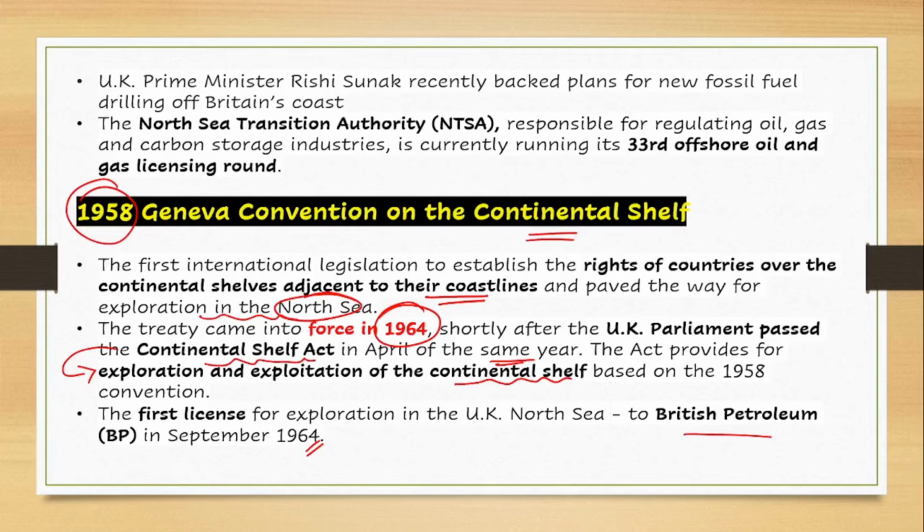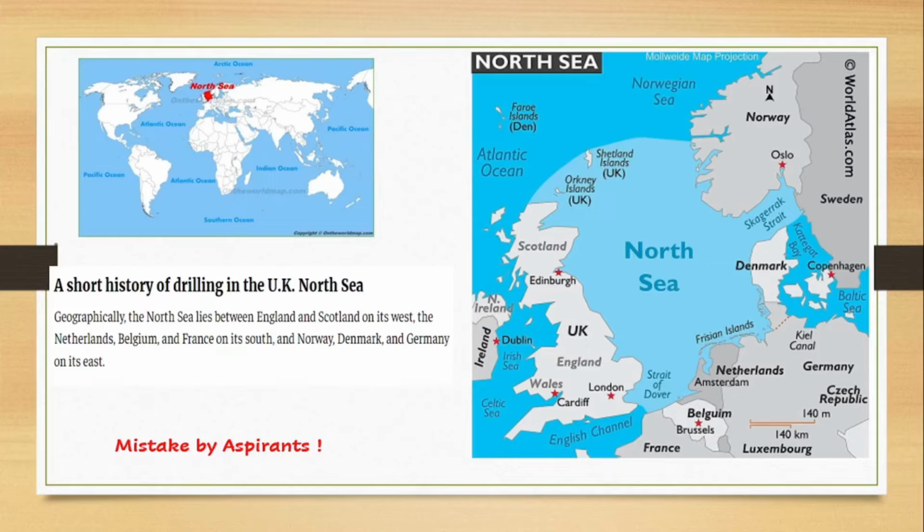Using this, the UK came up with an authority called the NTSA, the North Sea Transition Authority, which is responsible for giving the licenses in the North Sea. And currently the NTSA is going with the 33rd round of licensing. Now let's go to the geography of the North Sea.